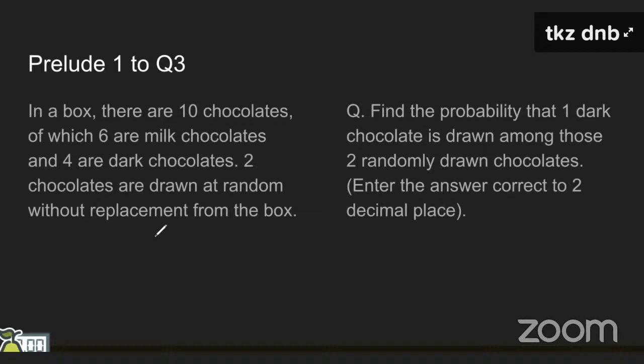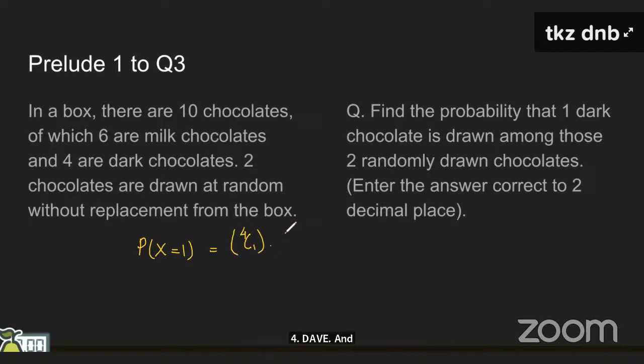So we have to calculate the probability that one dark chocolate is drawn. How many dark chocolates do we have? 4, right? So let's say X is the number of dark chocolates. The probability that X is equal to 1 will be given as: out of 4 dark chocolates we need 1, that is 4C1.